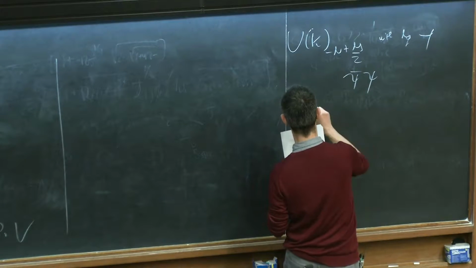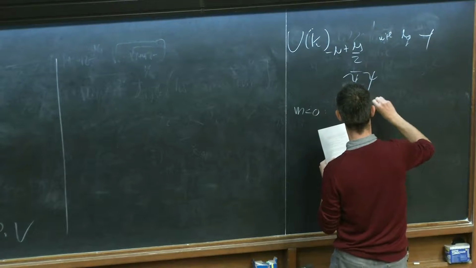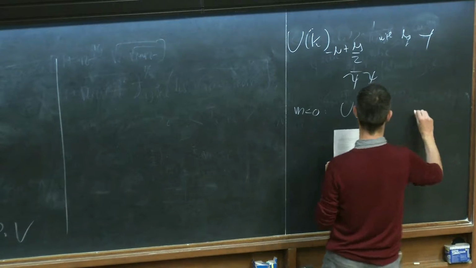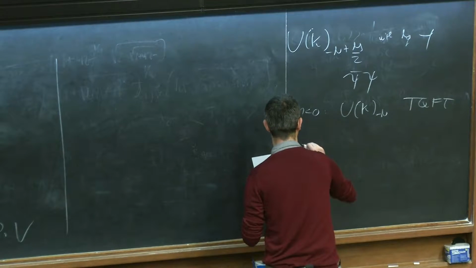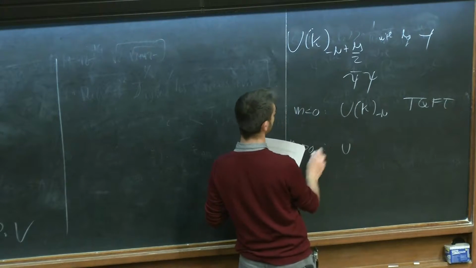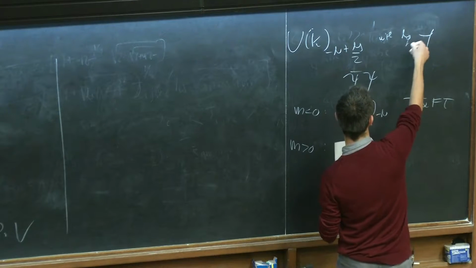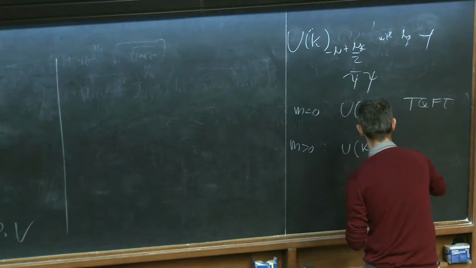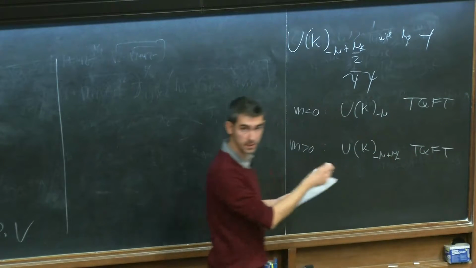If this mass is negative, we get some topological theory, which is this one here. This is some pure Chern-Simons theory. And if the mass is positive as well, we get a topological theory. This time, with positive mass, we shift this number up. So every time we integrate out some fermion, this shifts by plus or minus a half, as we discussed yesterday.